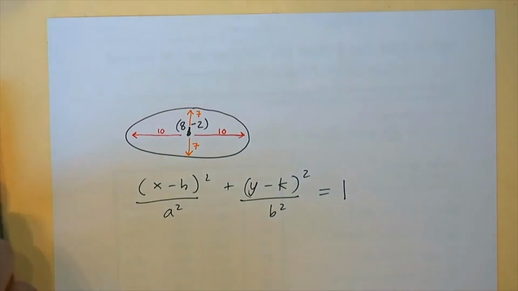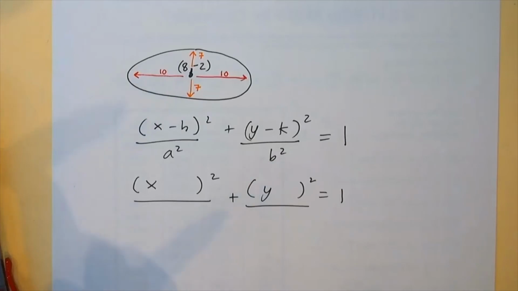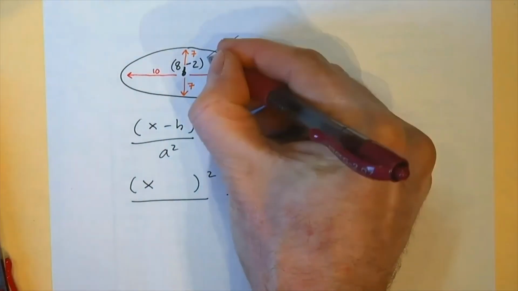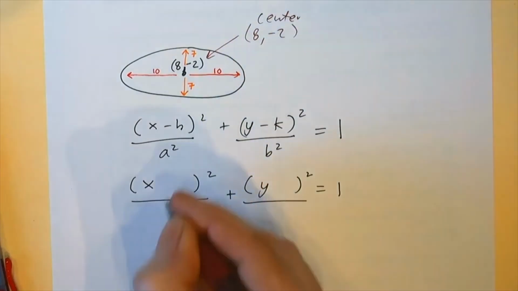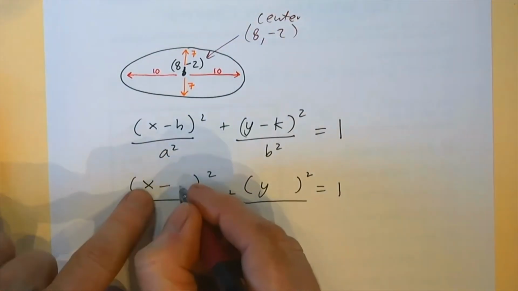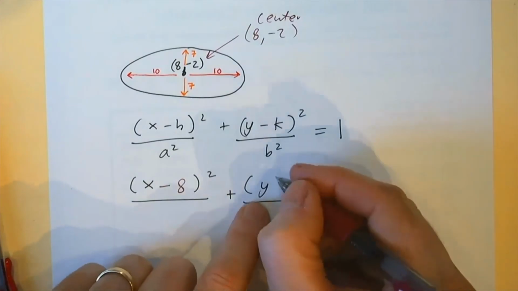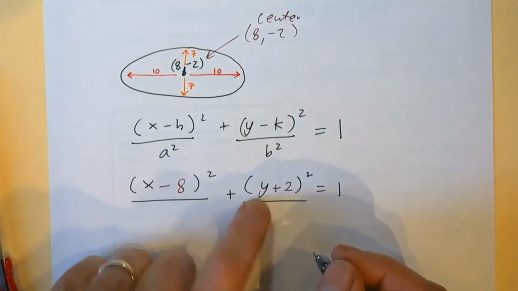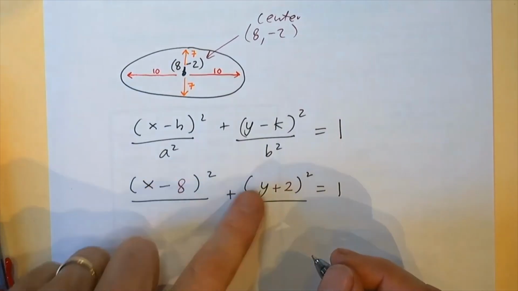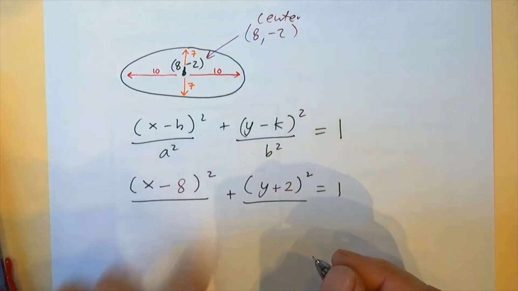Okay, got your answer? Okay, so the center is 8, -2. So we're going to put x minus 8 and y, wait, minus a -2? How about we write +2 then? Use the opposite. X minus 8, y minus a negative is y plus 2.